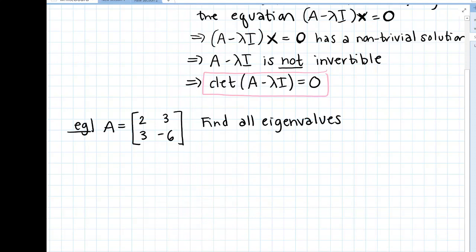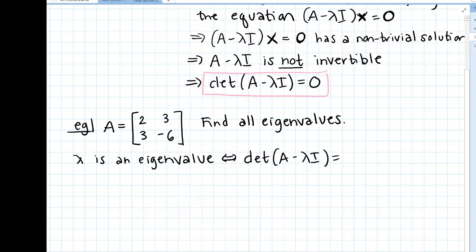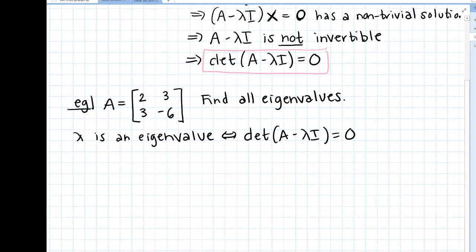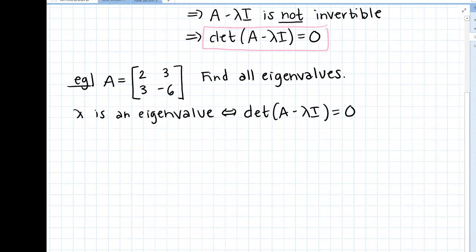So how are we going to do this? We're going to basically use the thing that's boxed in pink above. We know that lambda is an eigenvalue if and only if the determinant of A minus lambda I is equal to 0. So we want to set up a matrix that will end up having lambdas in it, and then we'll find the determinant of that matrix and set it equal to 0.